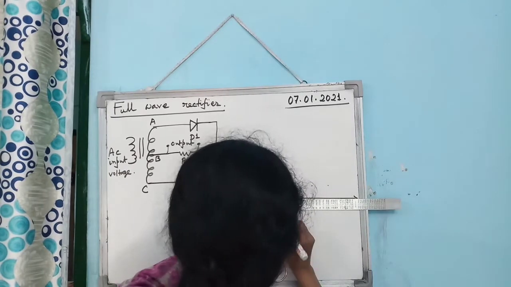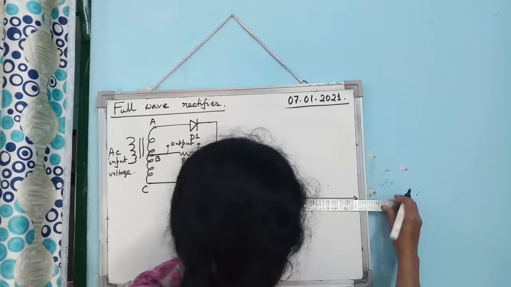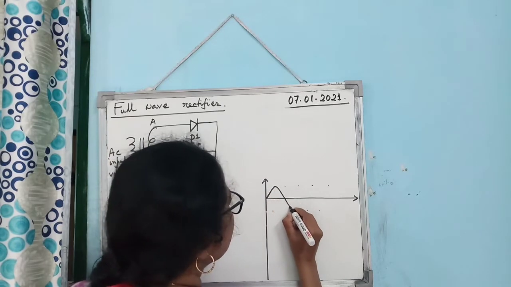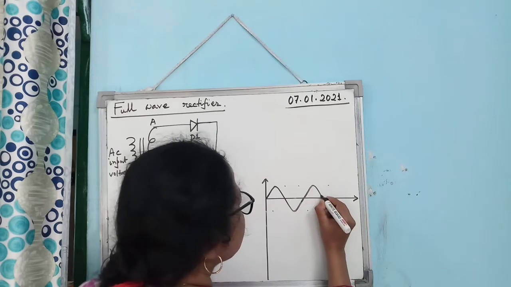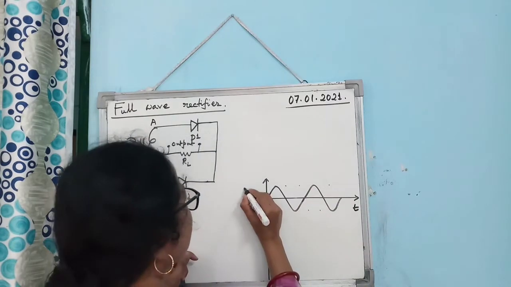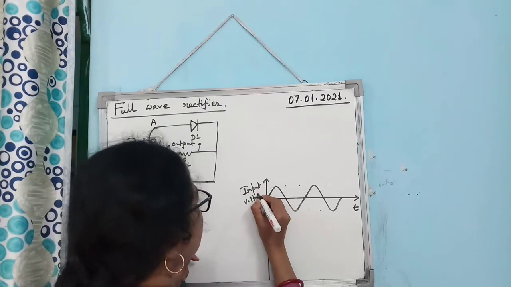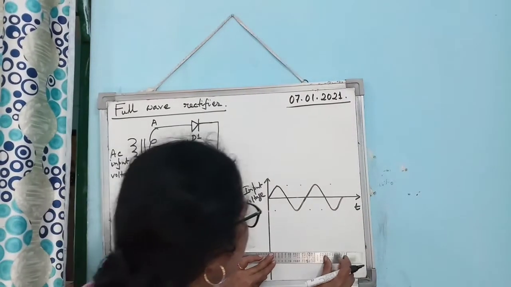In this case, I don't have the ruled page, so that's why I am trying like this. So you see, suppose this is the input voltage. This is T and here input voltage. It is like this. Alright. Now, what will be the output?